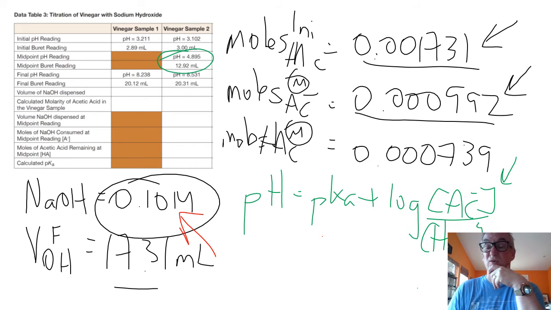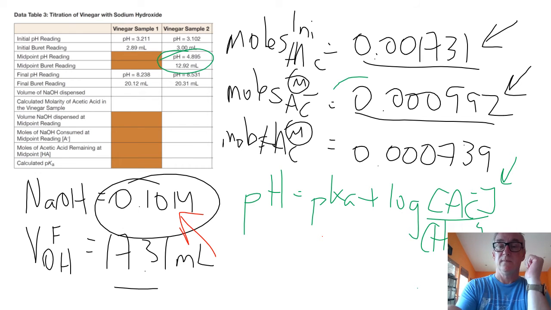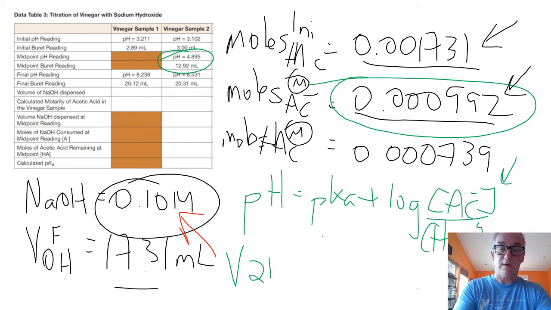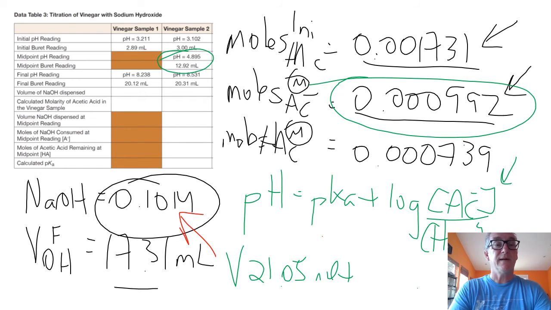So it's asking for the concentration of acetate and the concentration of acetic acid. What we could do is take moles of acetate and divide by the volume midway through. The volume midway through is the volume of vinegar that was there at the beginning, 21.05 mL, plus the volume of base added halfway through, which is 9.92. But we don't even need to calculate that. Why?